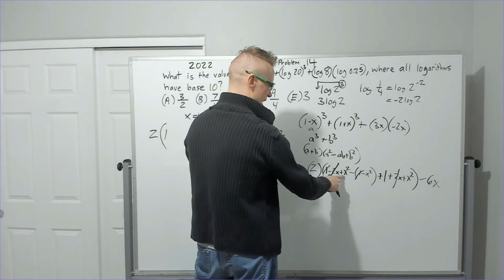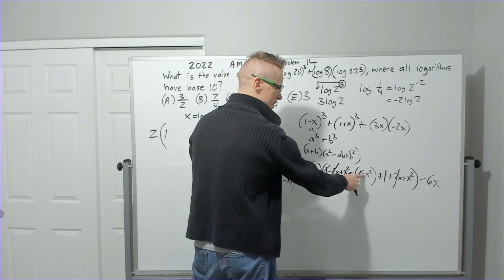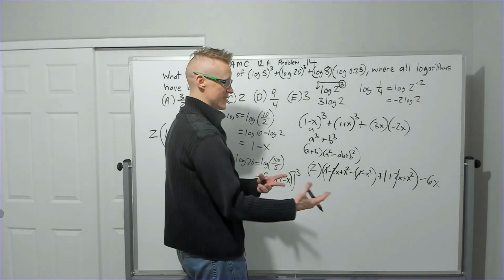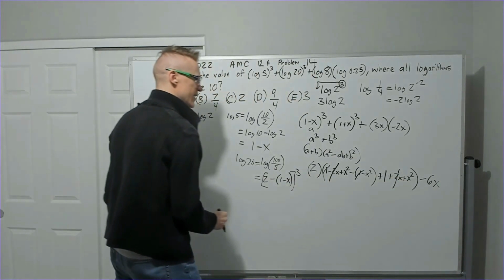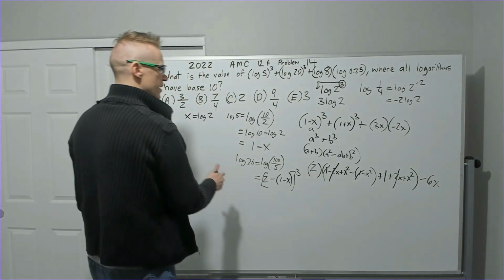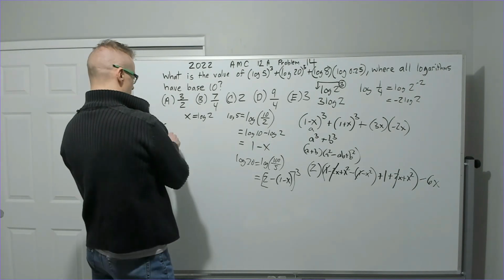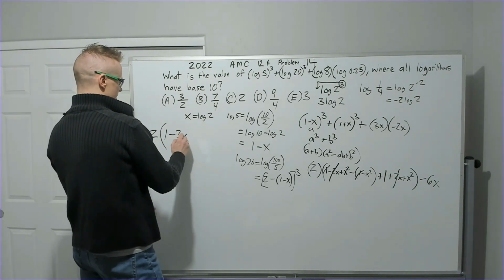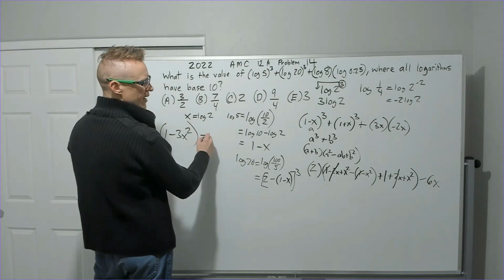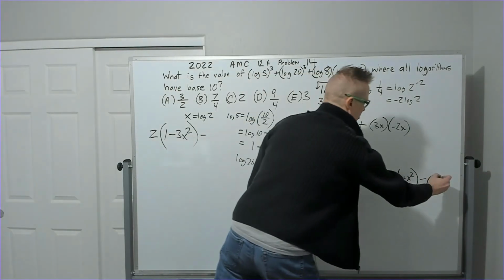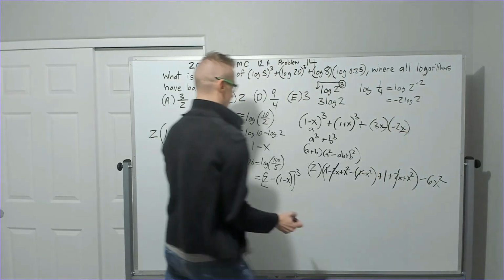You're going to have x squared minus a negative x squared. That's plus x squared for 2x squared. And then another x squared is 3x squared. I'm worried about that 1. I'm not sure it's supposed to be there. Maybe it's fine though. So 2 times 1 minus 3x squared minus 6x squared because there's two x's there.